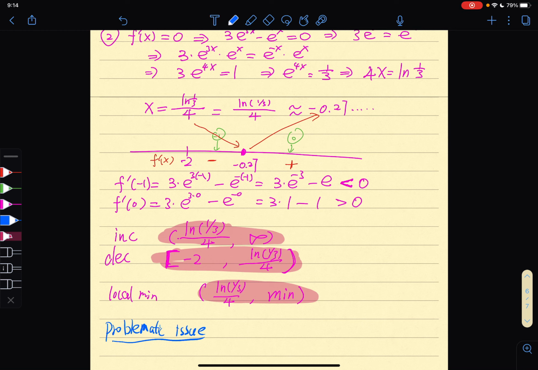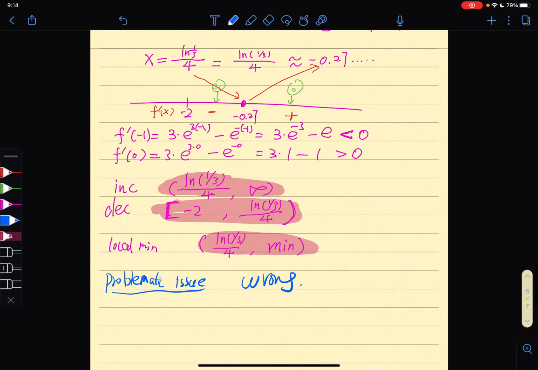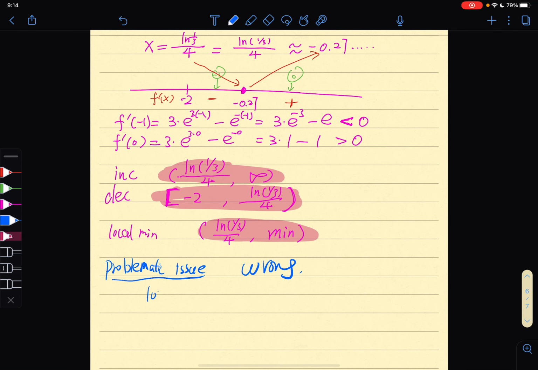However, if you want to look good on paper on WebWork, you probably want to type this in. But again, this is a wrong answer, what I'm going to talk about. Because we said when you talk about local min, local max, it's a local idea, so it can never be on the boundary.